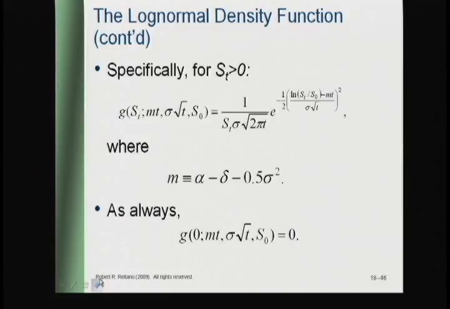So we can then write down the formula using the earlier slide for the probability density function of ST. And what you should see is that, again, we're trying to shortcut the formula a little bit, and we're using M for that expression for our drift term, the alpha minus delta minus a half, just to make this formula up here a little more readable.